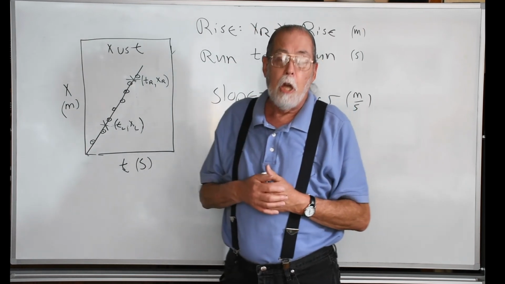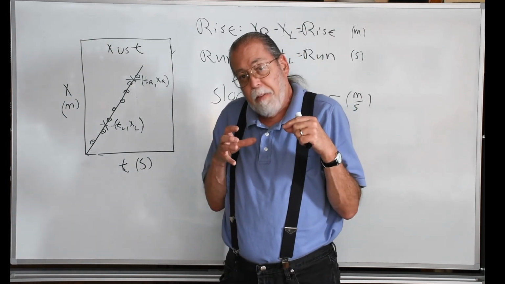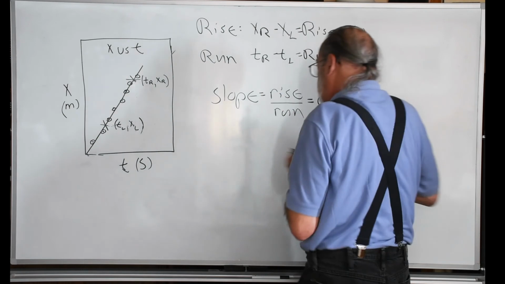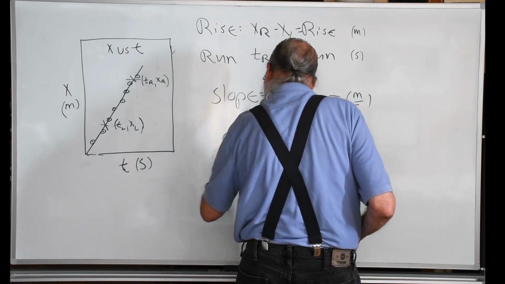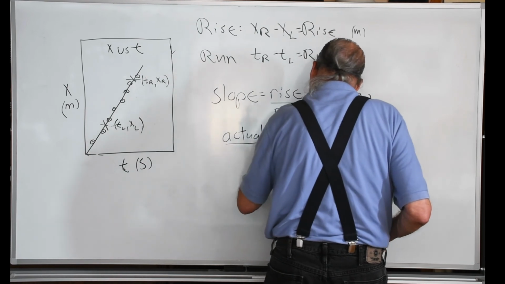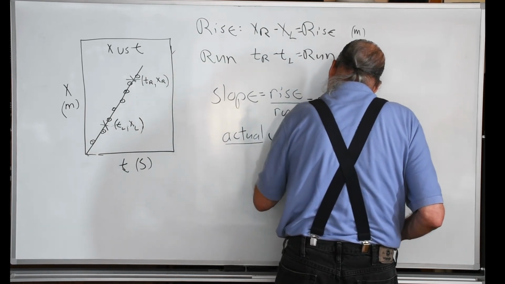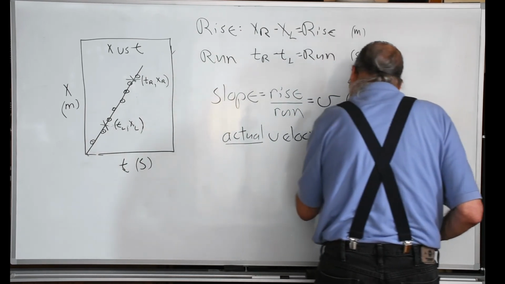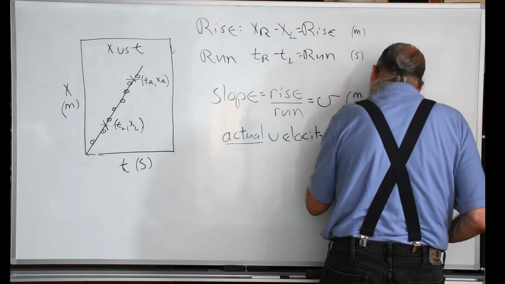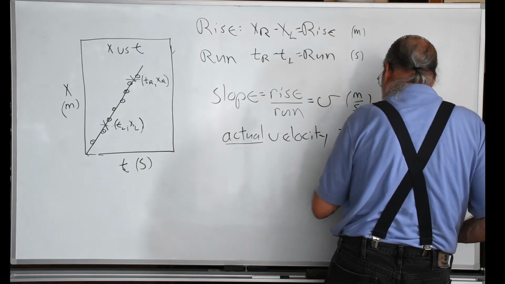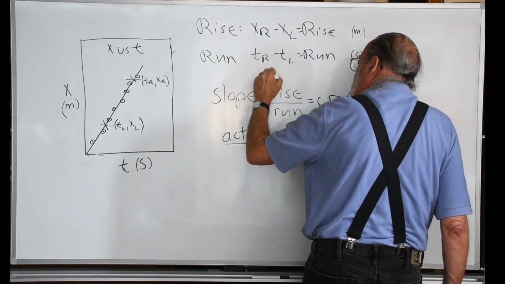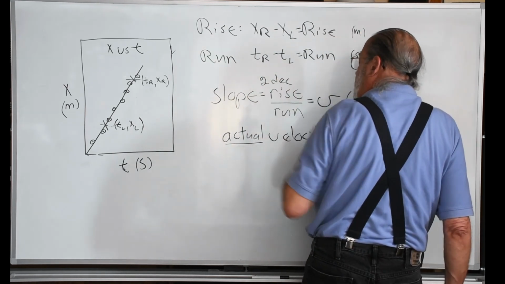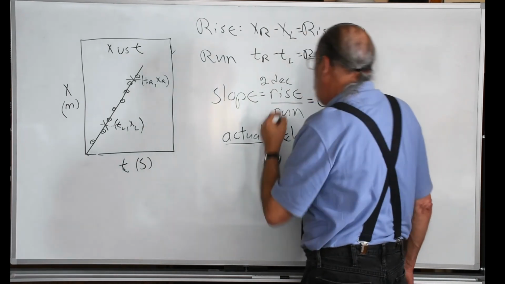Now, we know that the actual velocity, measured very carefully, is about 3.00 meters per second. And your slope, by the way, can be given to 2 decimals, which is actually about 3 significant figures.